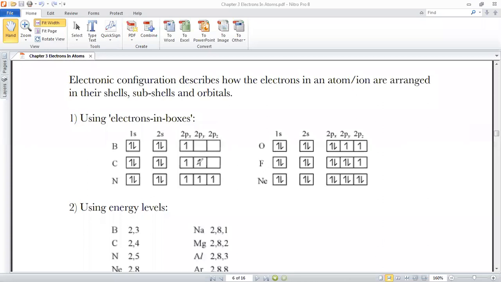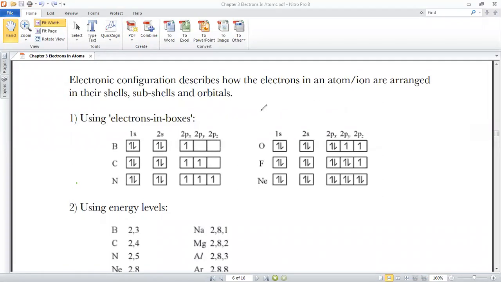In case of nitrogen, we have 7 electrons. So 1s2 has to be filled first because of the lowest energy. Then the higher energy subshell is 2s, which has 2 electrons with paired spin, but we still have 3 electrons left for nitrogen, which we have to put in 2p. If you are just writing, you can write 2p3.